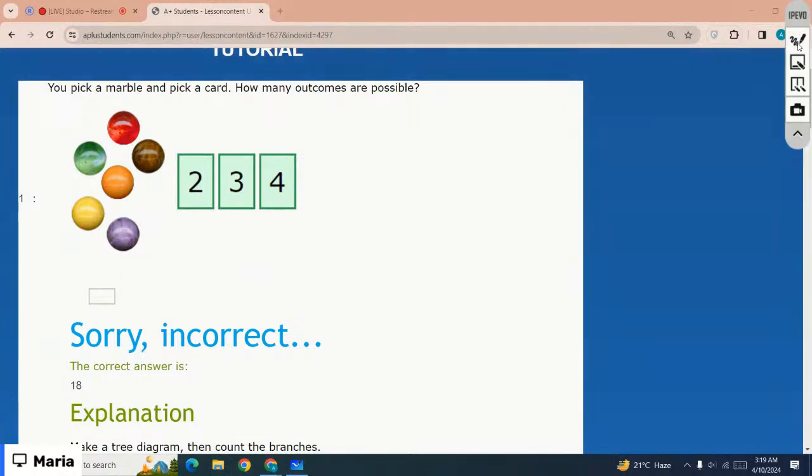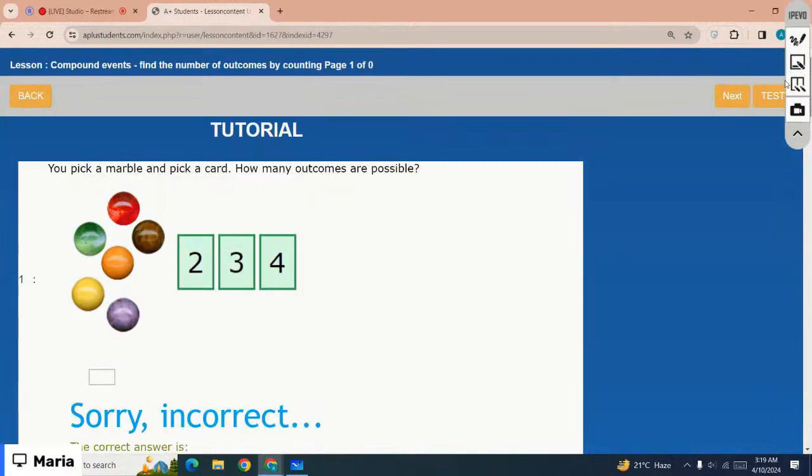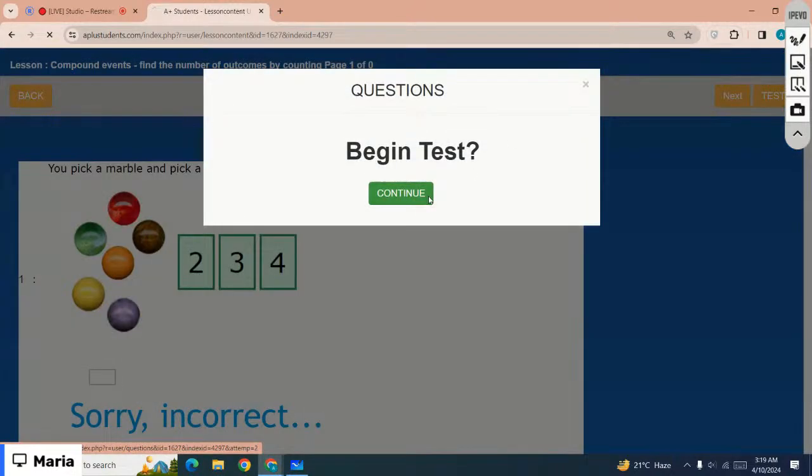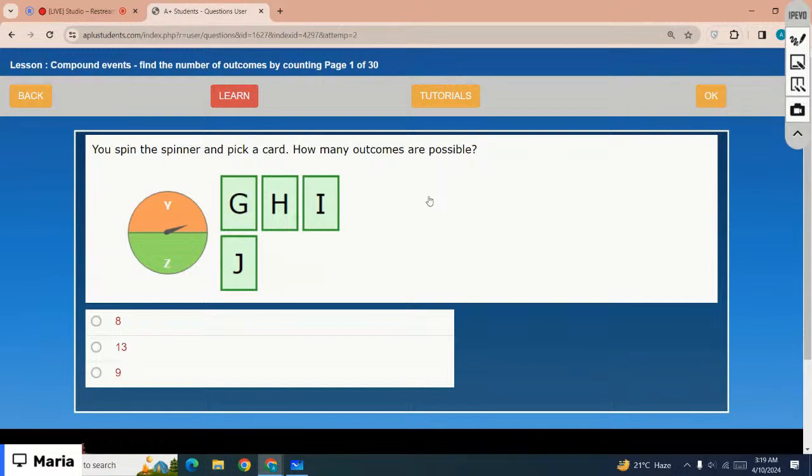Let's just start with the test questions. You spin the spinner and pick a card. How many outcomes are possible? Which is the correct option?